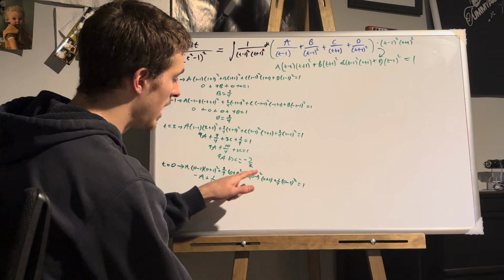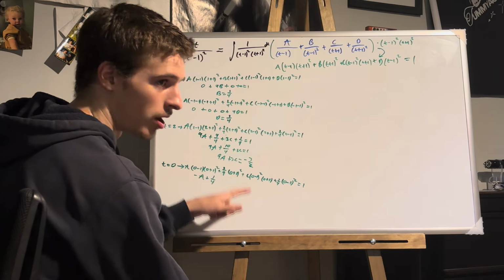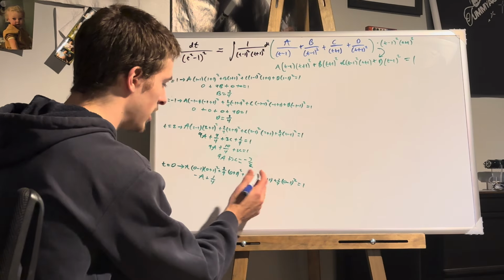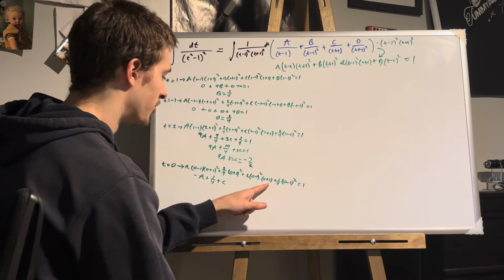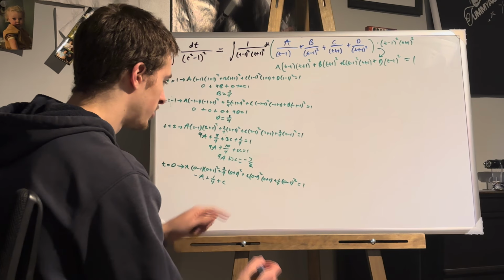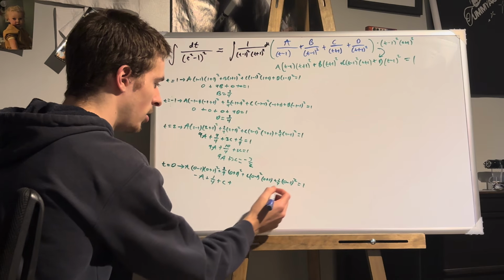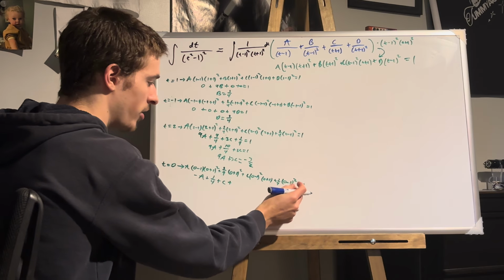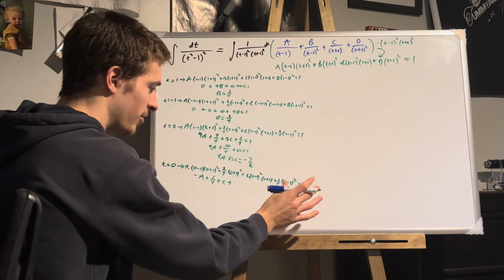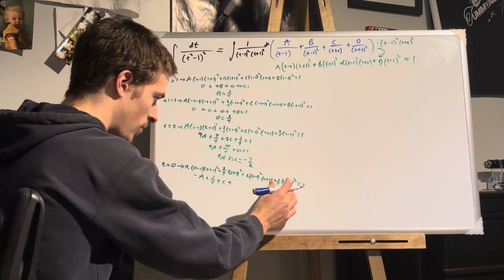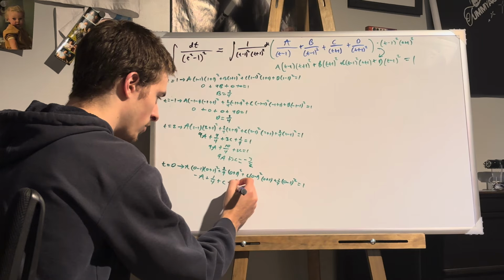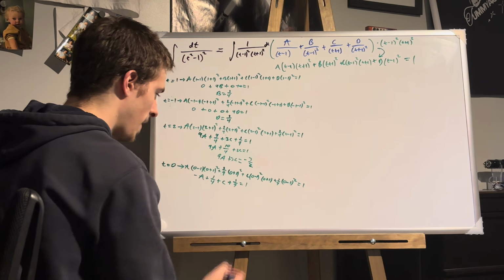Negative 1 squared is positive 1, because it's negative 1 times negative 1. So it's c times positive 1, so it is plus c. And that's just times 1, right? Plus negative 1, again, negative 1 squared is positive 1, because it's negative 1 times negative 1, which equals positive 1. So it's positive 1 times 1/4, so just 1/4 equals 1.